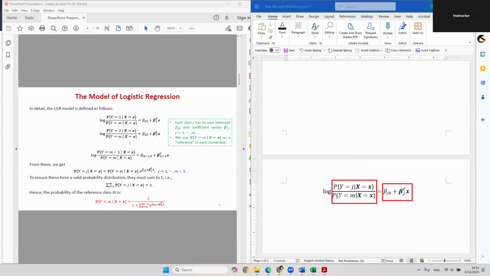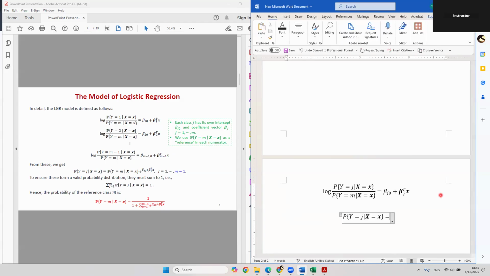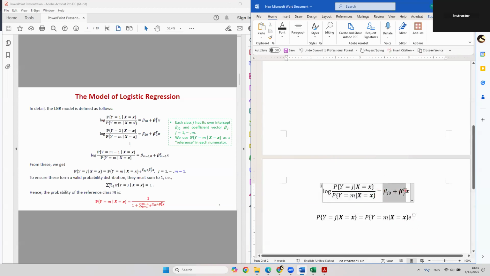And then I multiply this part to the right-hand side. Hence, I will get P of y equal to j given x equal to x equals this times e to the power of this.